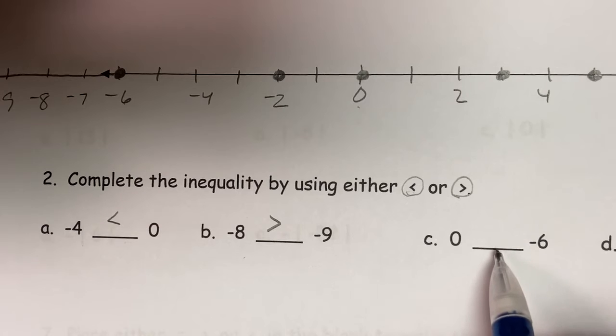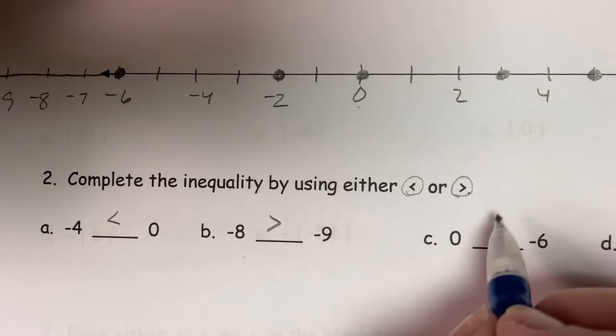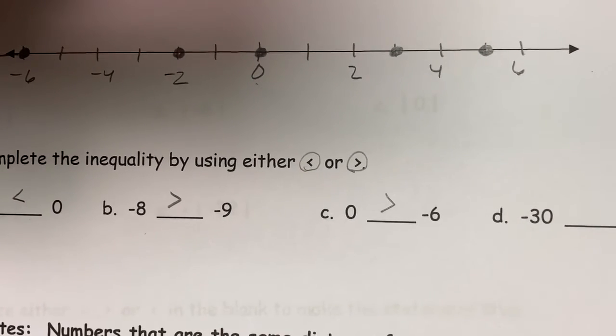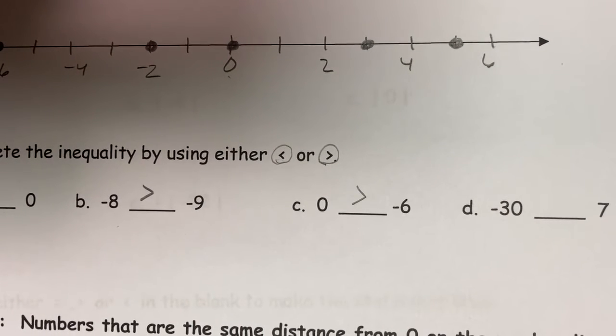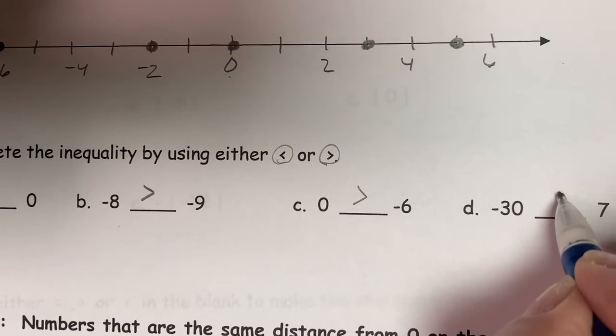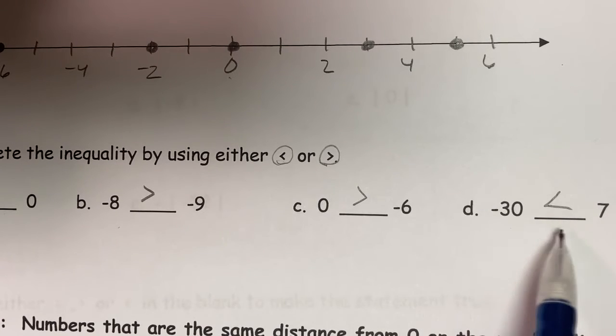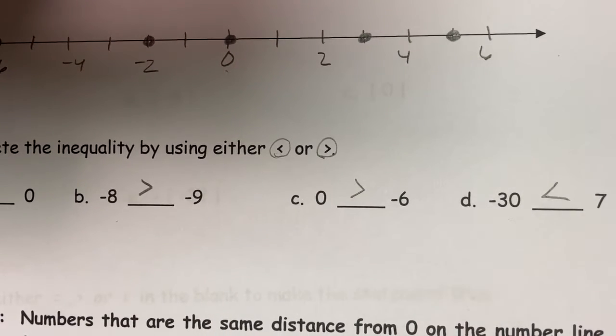Compare 0 and -6. Well, since 0 is to the right of -6, 0 is greater. And then if we want to compare -30 and +7, well, -30 is way to the left of +7. In fact, we could even extend that and say that any negative number is going to be less than any positive number. So there we have comparisons.